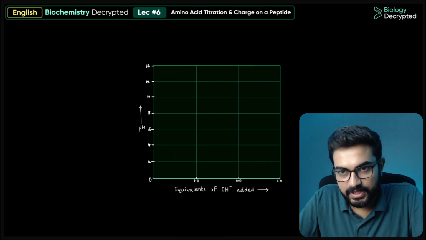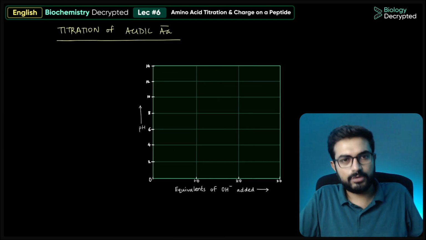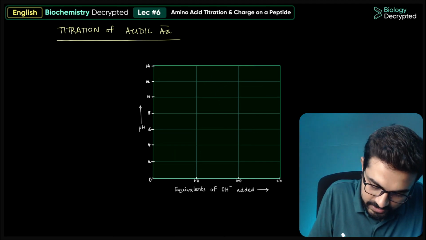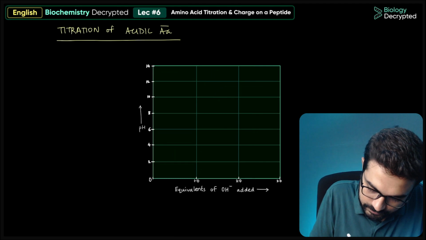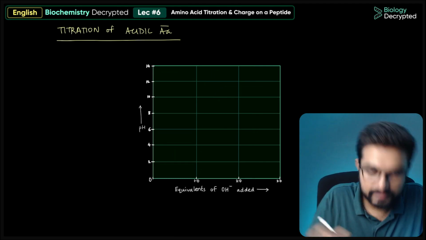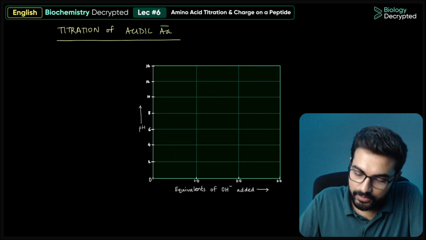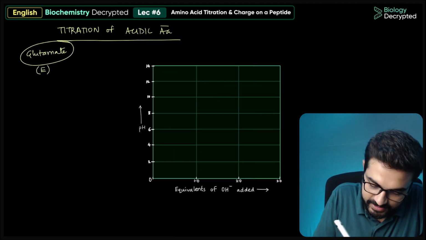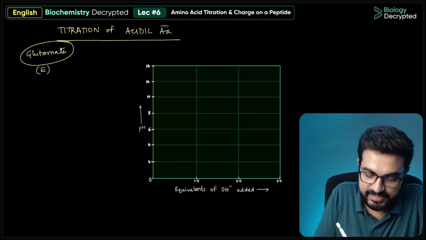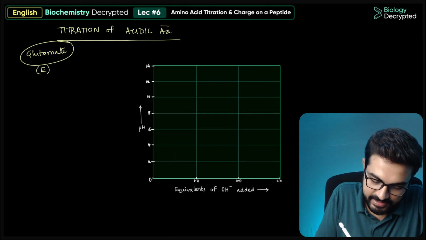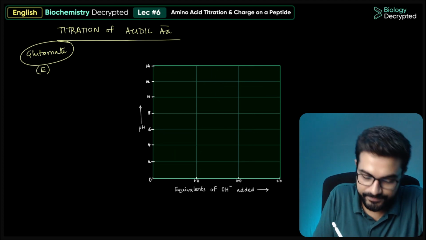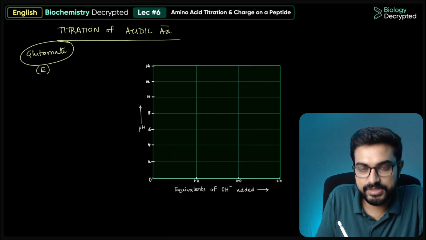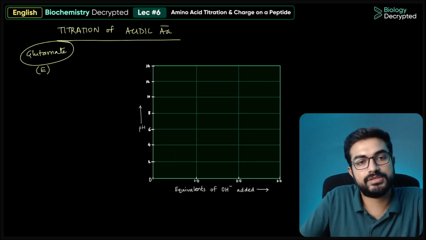Now, if we talk about acidic amino acids, we can talk about aspartate and glutamate. If we consider glutamate, which is E, for example, we'll try to draw the structure first. This is COOH, this is NH3 plus, then we have H, CH2, CH2, COOH.